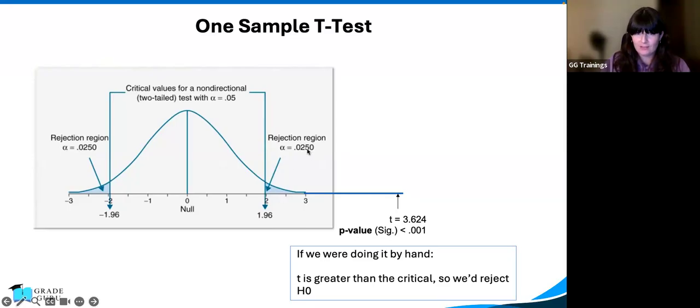Because if alpha is 2.5% here, then to be less than 0.001 is way out here. And in this case, 3.624 would be greater than the critical. So we would reject H0 in both situations. I'm just drawing the connection between how we do it in hand calculation versus how we do it in SPSS.